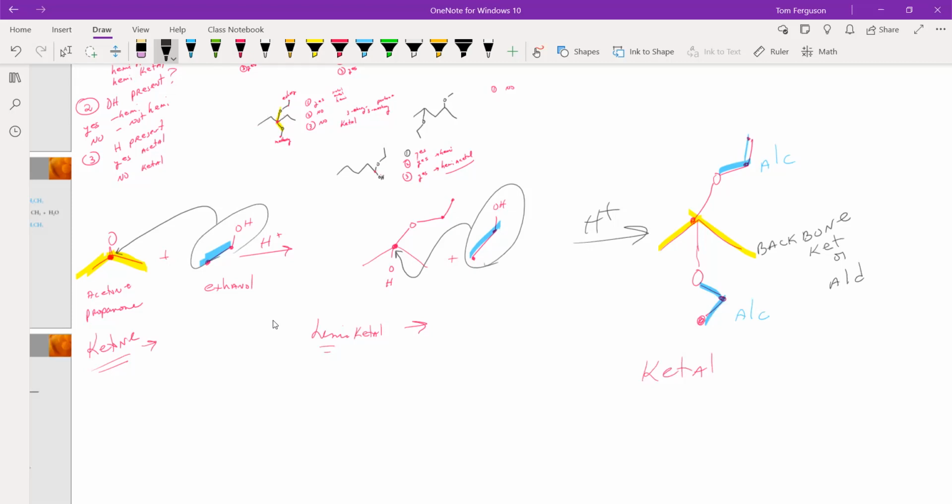So you've got the original backbone, which is either a ketone or an aldehyde. Then you've got these alcohols that are sticking on to where the carbonyl was. Did you guys follow that okay? I'm going to do lots of examples, but are you okay so far? Here's the original backbone. You are maintaining that backbone, the original aldehyde or ketone, before you start adding these alcohols on.